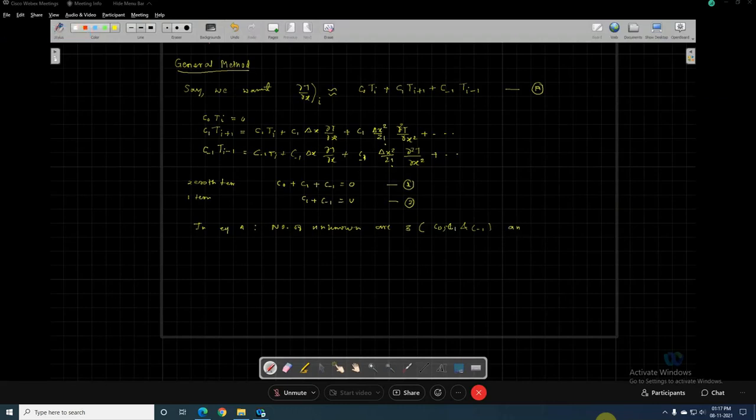Therefore, for getting the solution, we need one more equation. And that one more equation should come through this.